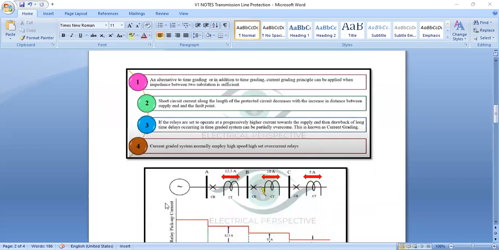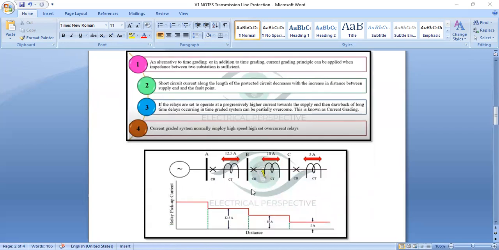Here we show the current graded principle using overcurrent relays. The feeder is divided into three sections: section A, section B, and section C. Overcurrent relays with respective pickup values are installed in each section: section A, section B, section C.